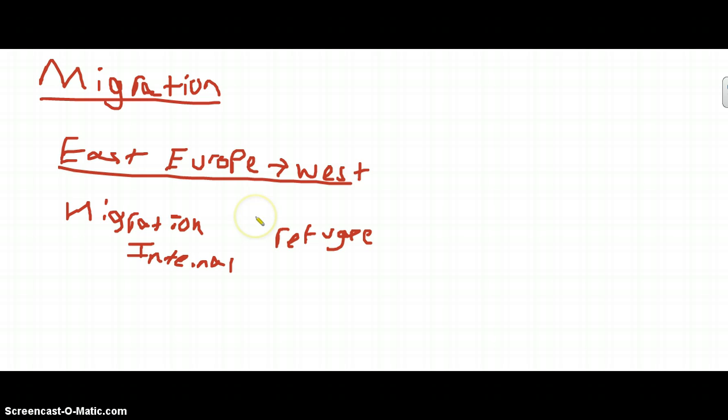But then when we return back here, where is this happening? Again, it's going from Eastern Europe, Russian areas, and the Baltics, and then all to Western Europe, specifically the United Kingdom, in fact.